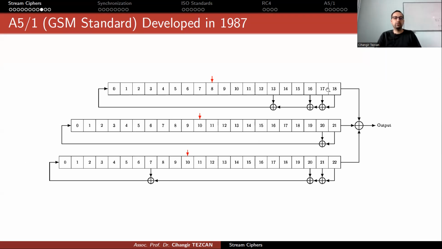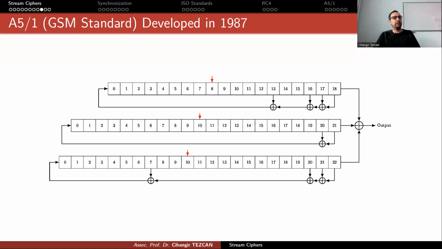There are in total 64 bits here, so the secret key is also 64-bit. You feed it here, and actually we will talk about it in the future, but these are also used as the majority point, which determines which LFSRs will be clocked. But the bad thing is that this is very easy to break.